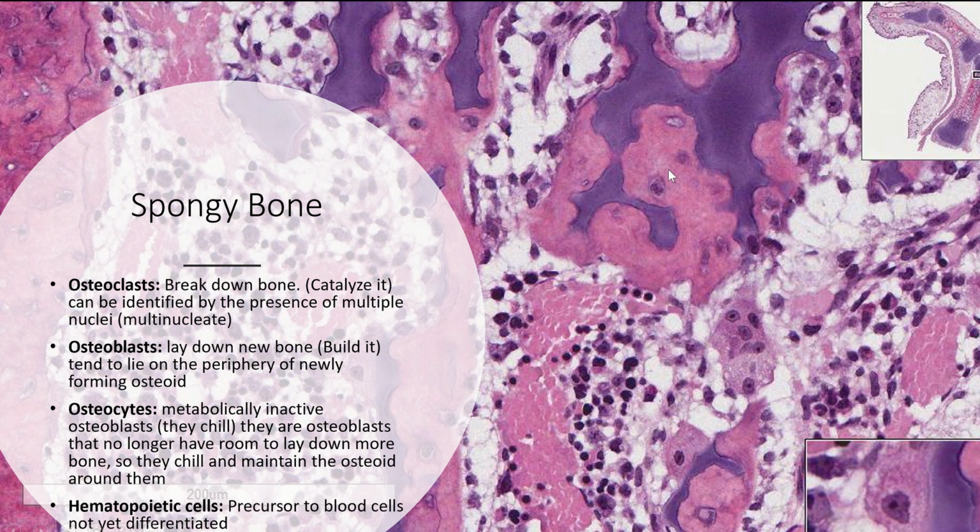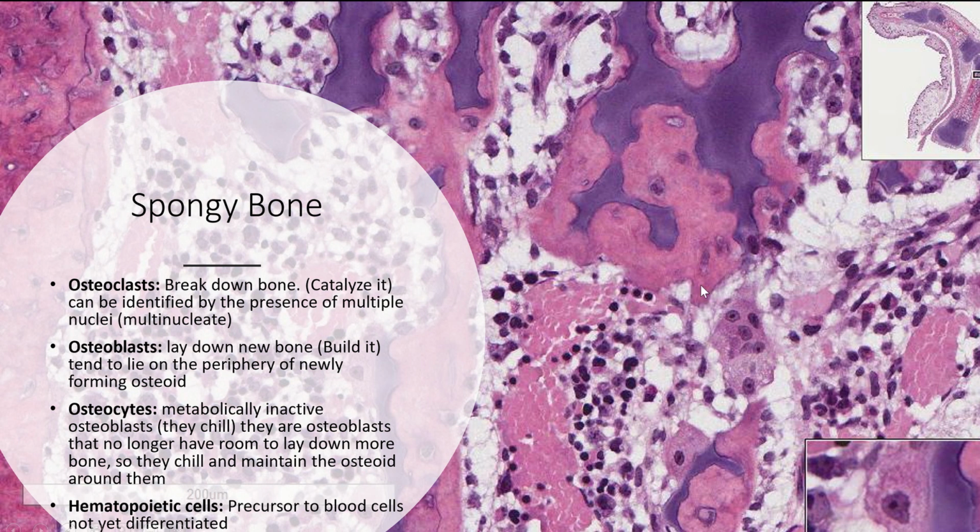If they lay down so much bone around them, they kind of paint themselves into a corner, they're trapped in there. So they can't lay down any more bone, they've already done enough. And so then they become an osteocyte. So they become metabolically inactive and they chill. They just chill in the osteoid. They maintain the little osteoid around them, but that's basically what they do is they chill.